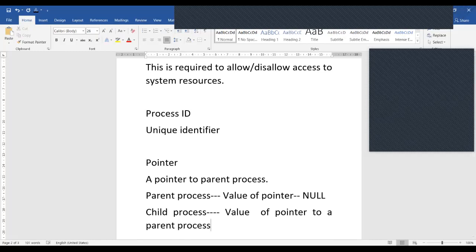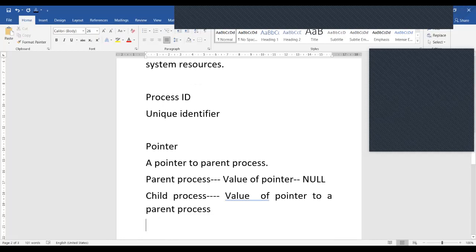That means the pointer points to its parent process. This is the significance of pointer. Now, what is the next field? By looking at the diagram, you tell me what is the next field?